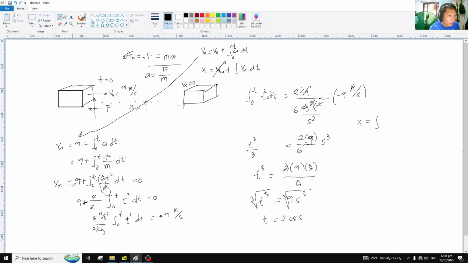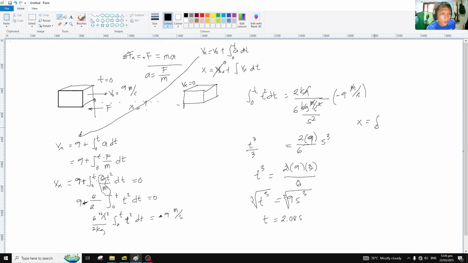Yes, this is the vx. We will just be having it as this guy over here. Because this is still a function of t, meaning we have to substitute the vx.